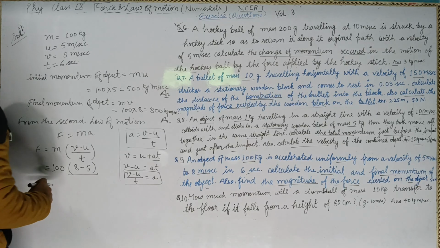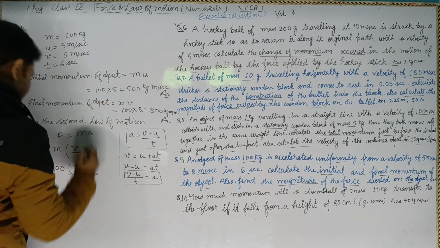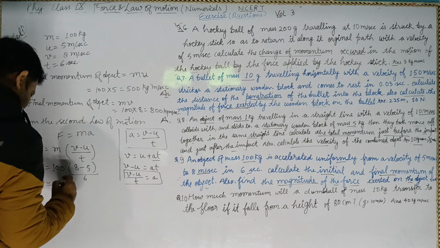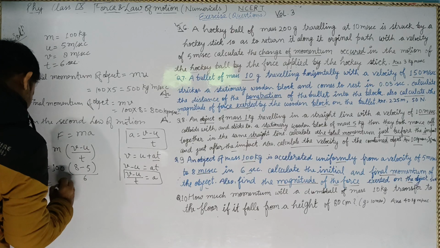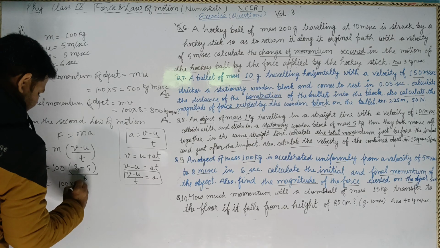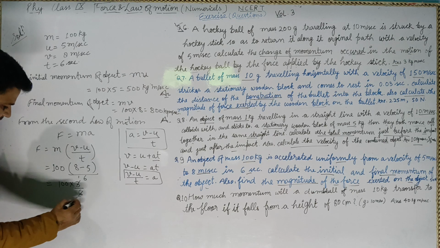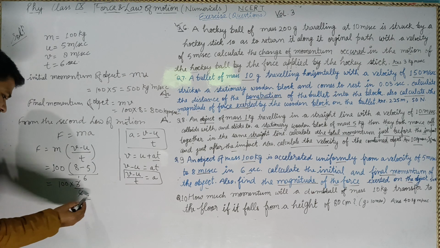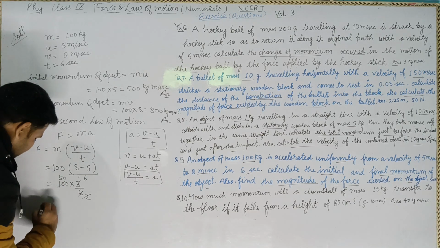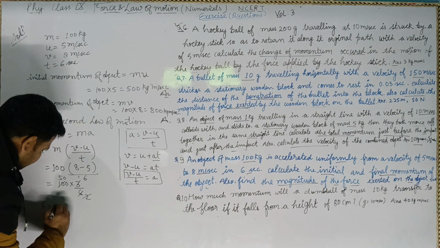Time is given, time is 6 seconds. 100 into 8 minus 5, 3 upon 6. 3 ones are 3, 3 twos are 6. 5 twos are 10. So force is 50 Newton.